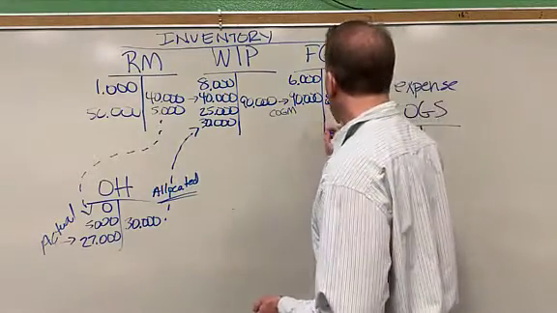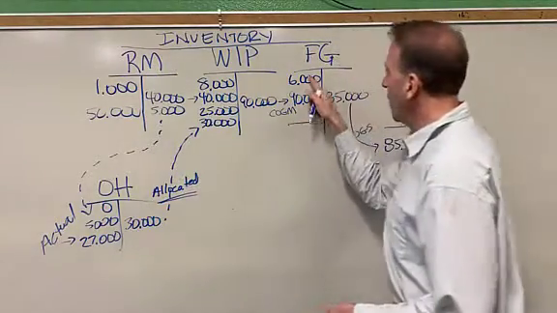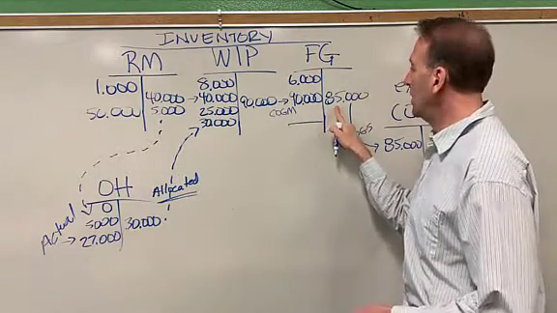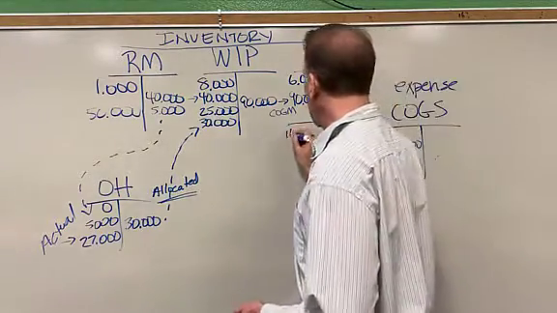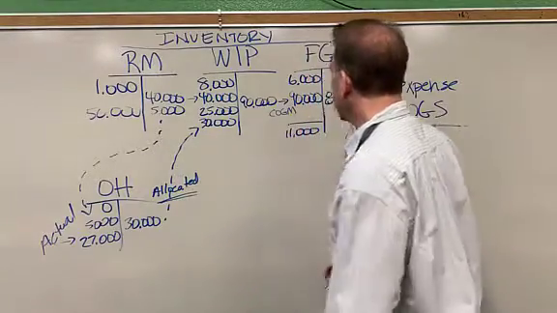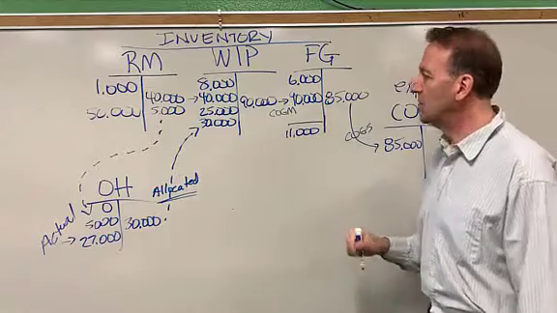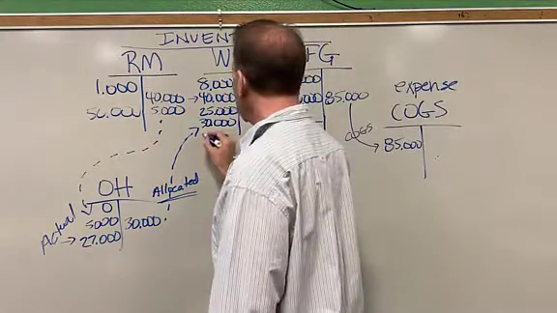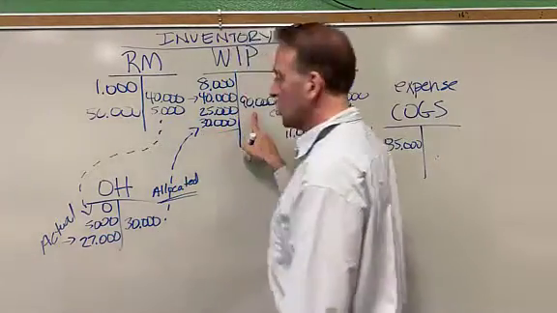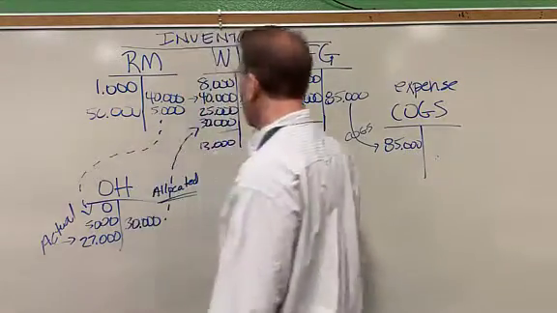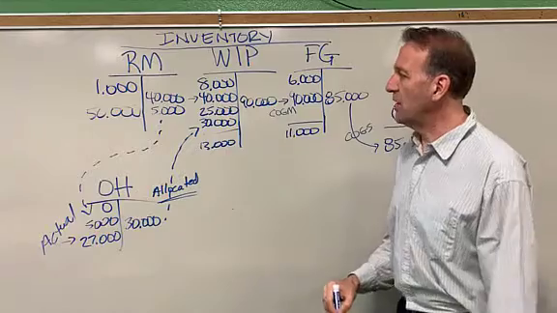Let's look at our ending balances for all of these accounts. We have 96,000 debit, 85,000 credit. So our ending balance would be 11,000 in finished goods. So our next time period, we would start with 11,000 in finished goods. If we add up all of these debits and subtract out this credit, we'll get 13,000 here. So that's our ending balance for work in process.